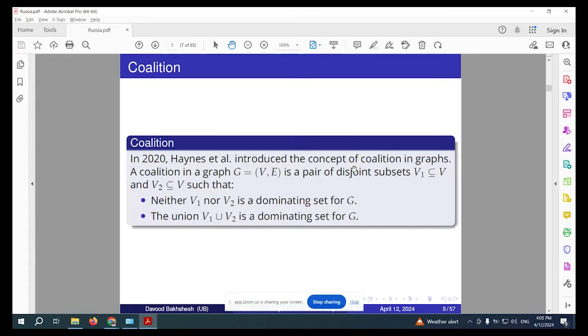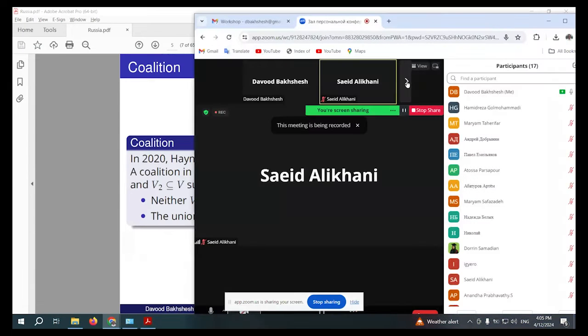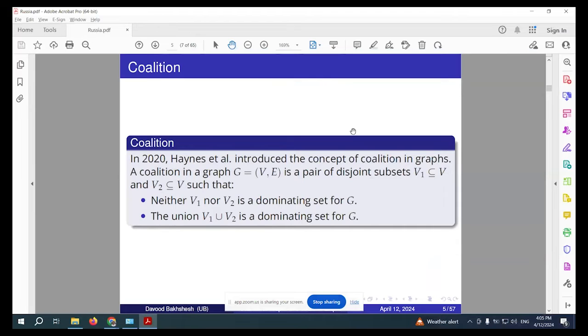Okay, we have the definition of coalition. Now we have the definition of coalition. In 2020, Haynes and others introduced the concept of coalition in graphs.